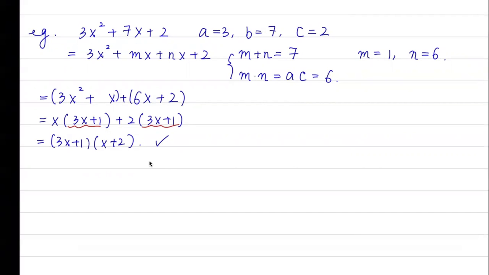If you have trouble understanding what I'm talking about here, it might not be because you don't understand this process, but maybe because you didn't understand how to factor a polynomial or a binomial out of a polynomial. If you have any trouble understanding this, please let me know, and I will tell you which section you should spend some time reviewing. But anyway, this process is called decomposition of the middle term.